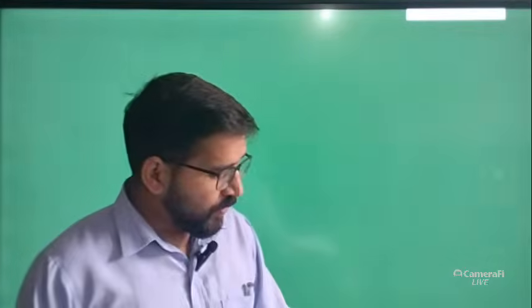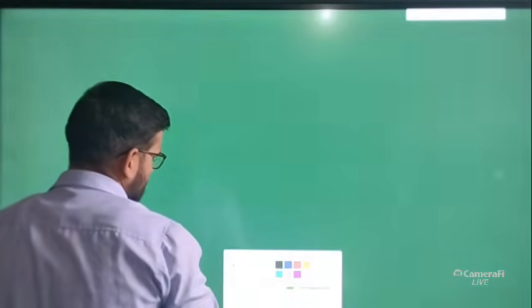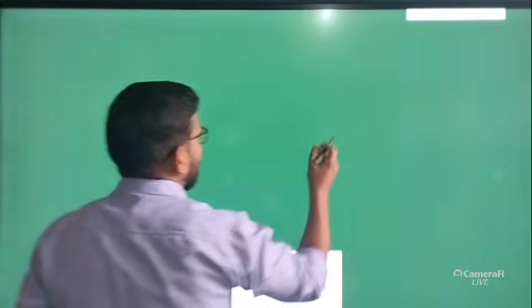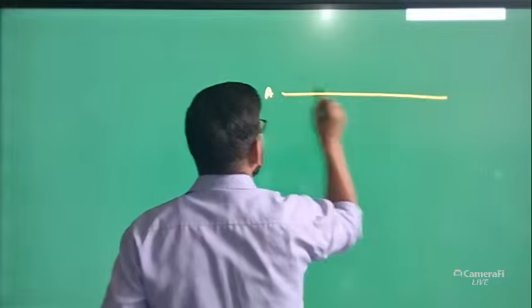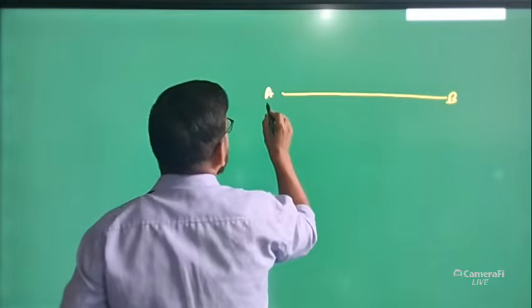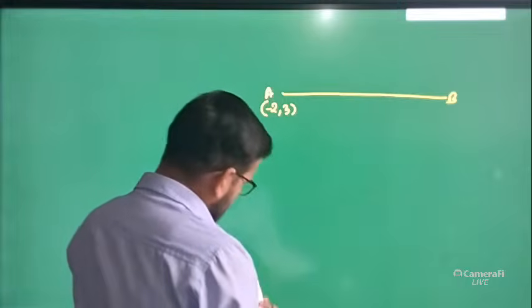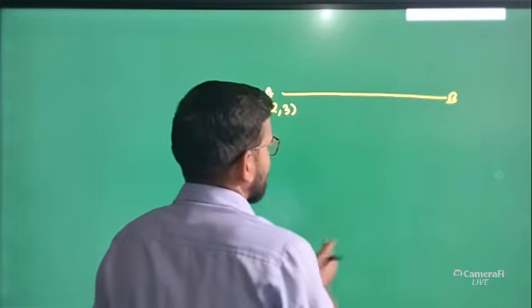Question number 3 says, find the slope of a line passing through the points A and B. Coordinates of A are -2 and 3, and coordinates of B are 2 and 7.